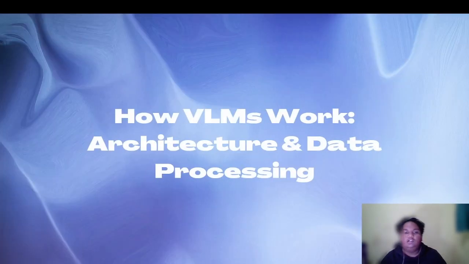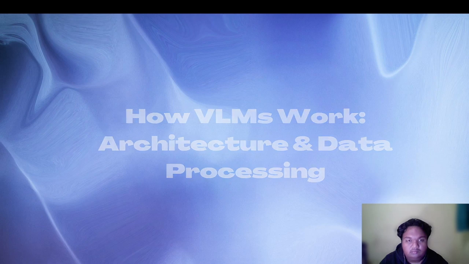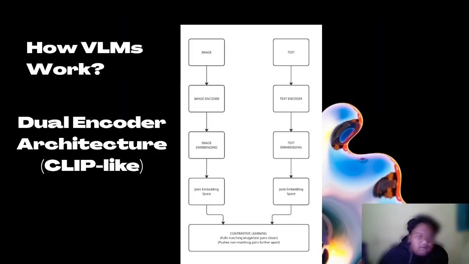The next is how VLMs work. The main idea of how VLMs work is to create a shared space for a common understanding of both visual and text information. An example of VLM is a dual encoder like CLIP.